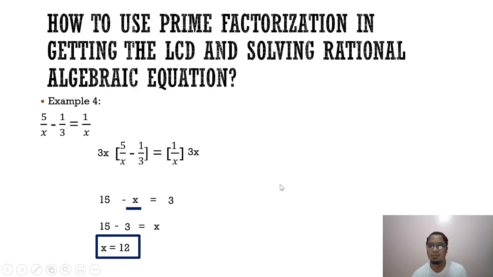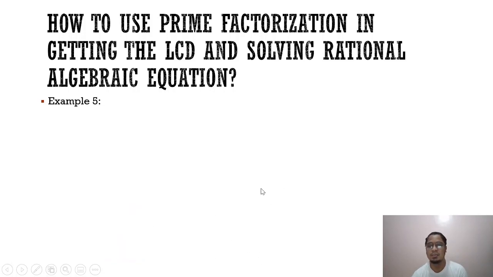Okay po? So I think this is related to Math 8. We will now be proceeding with another example, and this will be example number 5 para po makatulong. And this time around, medyo dinamihan natin. The given will be x over x plus 2 plus 2 over x squared plus 5x plus 6 equals 5 over x plus 3.